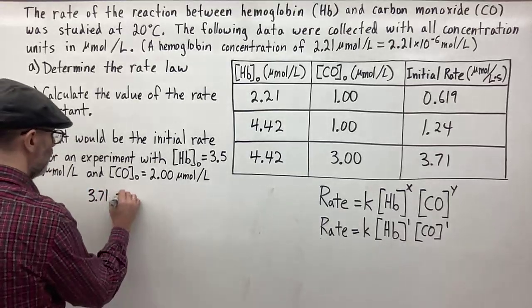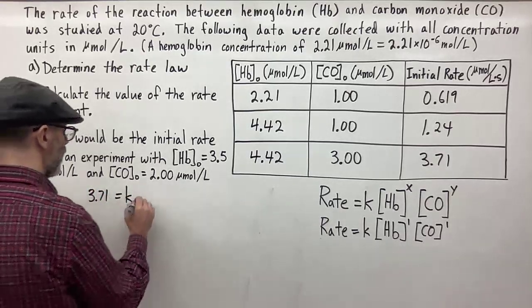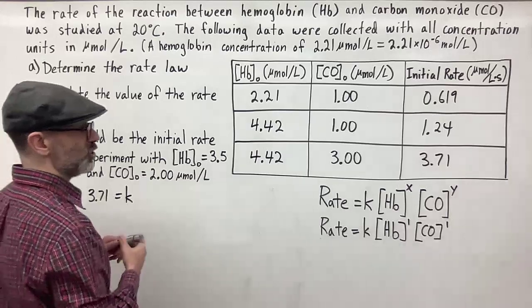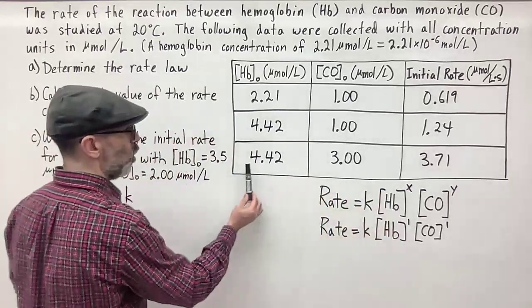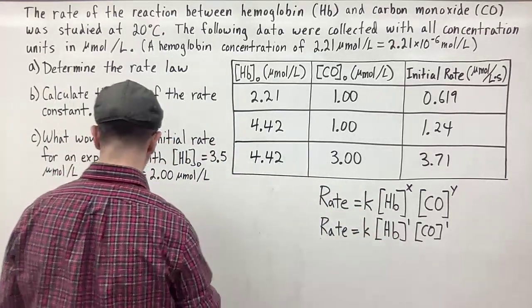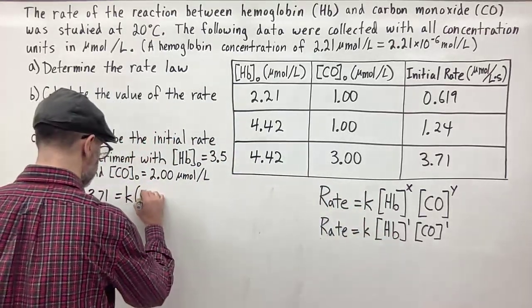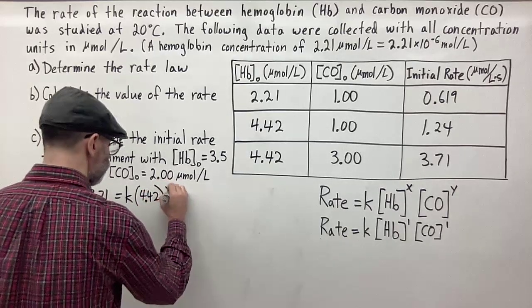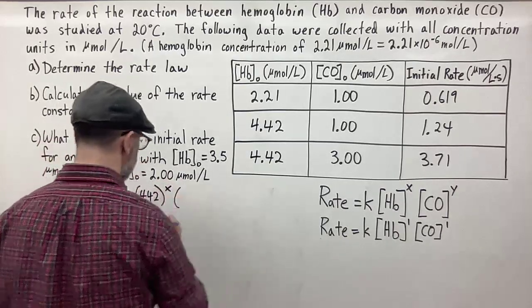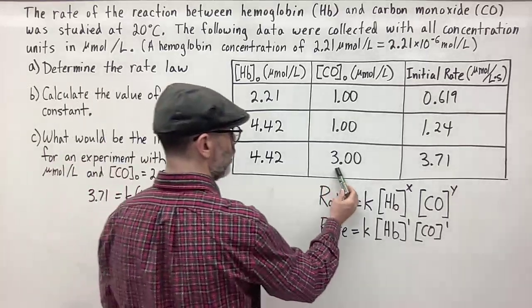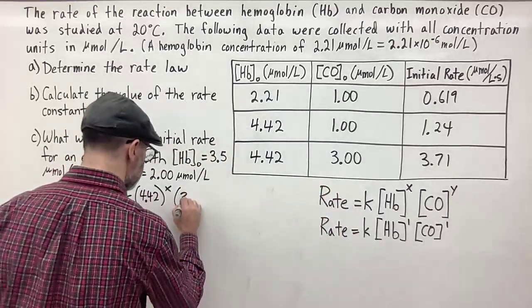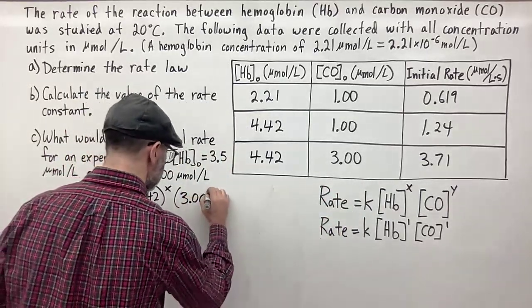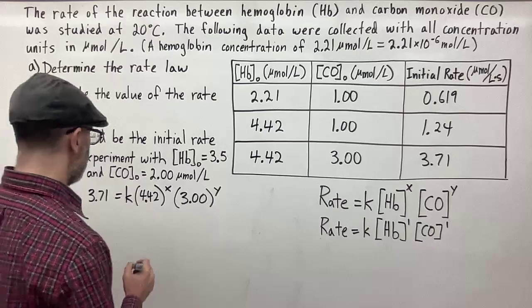So we have 3.71. That's going to be equal to K times the concentration of the hemoglobin. So for this one, it's 4.42 to the X power multiplied by 3.00 to the Y power.